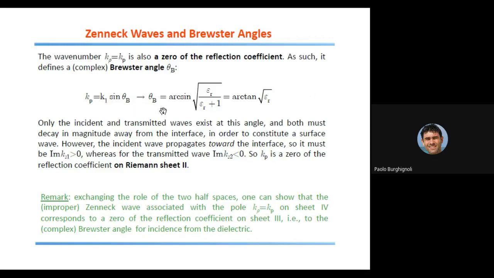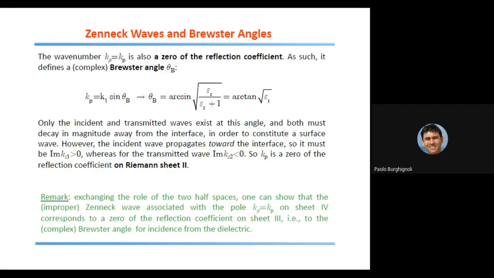And if you do that and you calculate this angle theta b as the inverse sine of the normalized wave number of the Sommerfeld pole, then you easily discover that this is equal to the inverse tangent of the square root of epsilon r. And as you know from elementary electromagnetics, this is in fact the Brewster angle, which will be in general complex if epsilon r is complex.